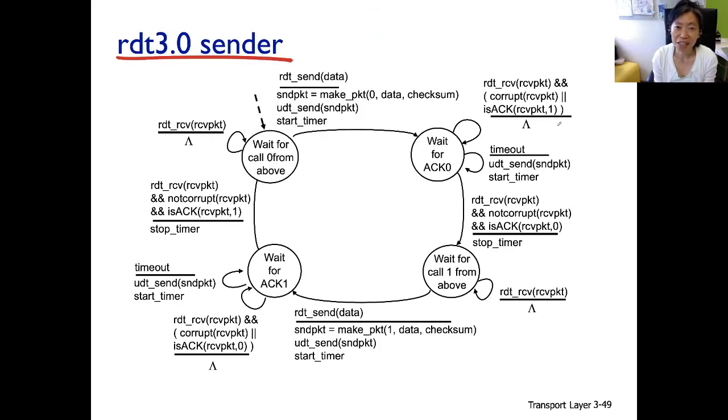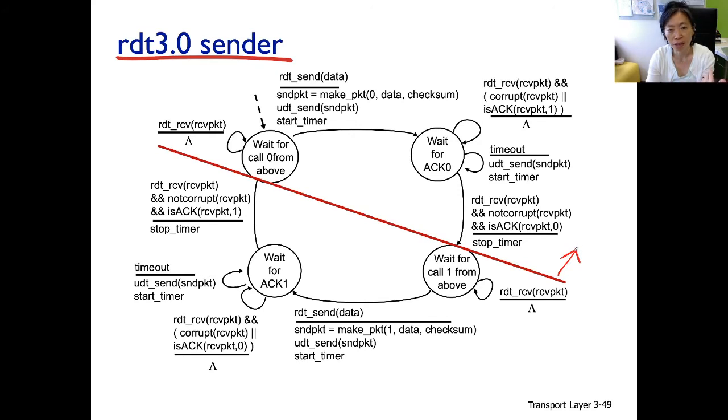And this is RDT 3.0 sender. Well, the usual technique, let me draw a line. So we just focus on one side of it, you'll see that the other side is similar. So what do we have here? Starting from the initial state, get a call from above, generate the packet, starting from sequence number 0, and what? Wow, we have these timer stuff, right? Starting a timer.